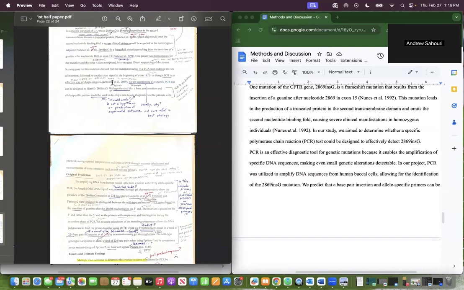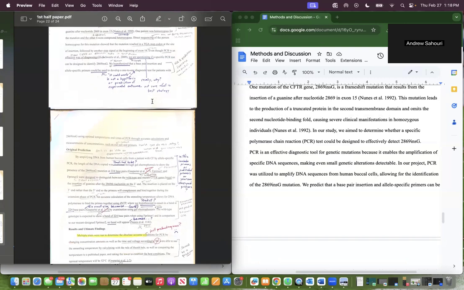I removed this because how PCR is an effective way, I can just explain that myself. I don't need a cite for that, so I just removed that as well.